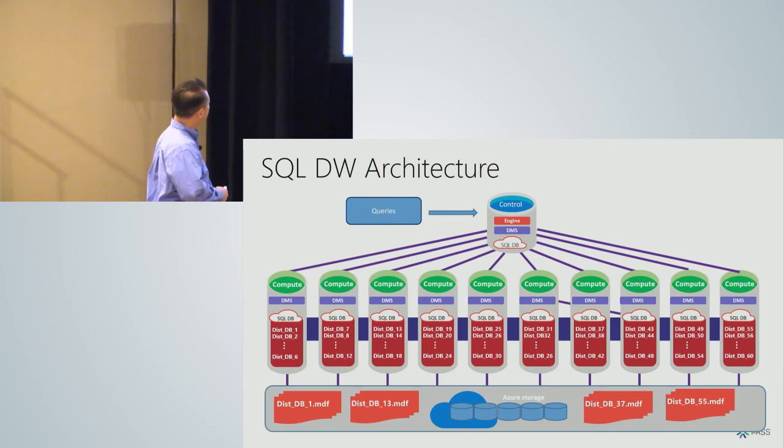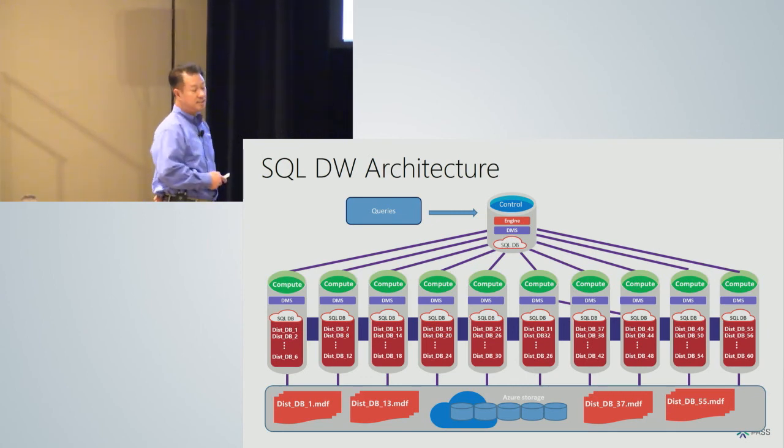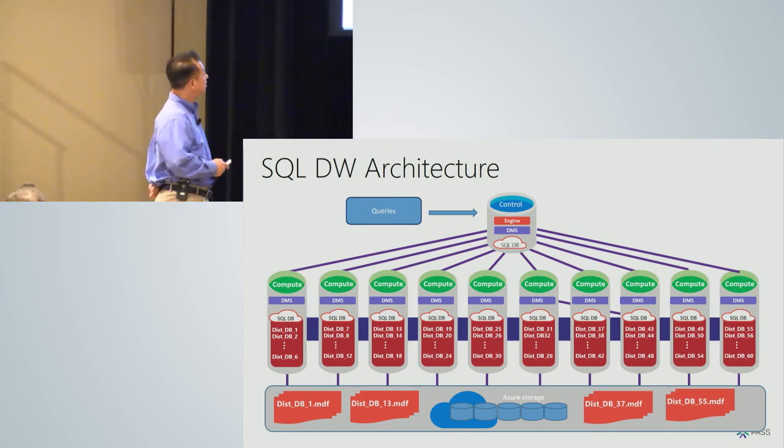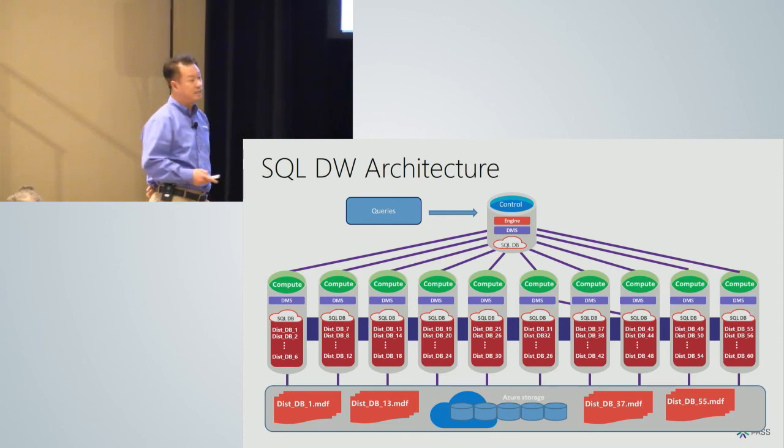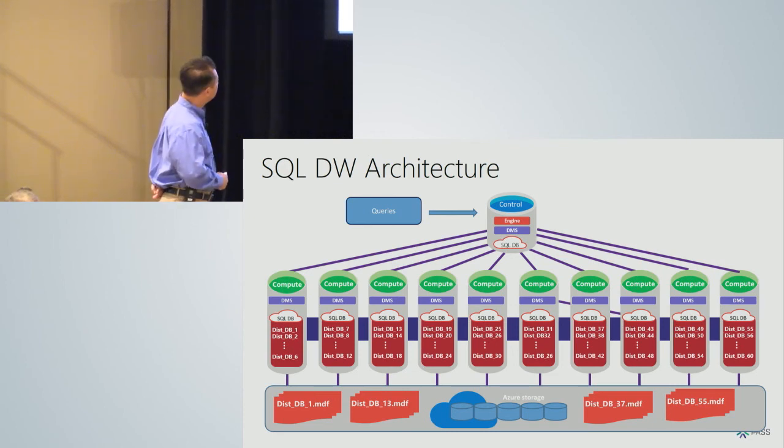Note that across these nodes, we have 60 databases, which we call distributions. So all the fact data is distributed out into 60 pieces, each in its own database. And as the query is submitted, the control node orchestrates, parses, and submits the queries, what we call the distributed SQL plan, among all the compute nodes.